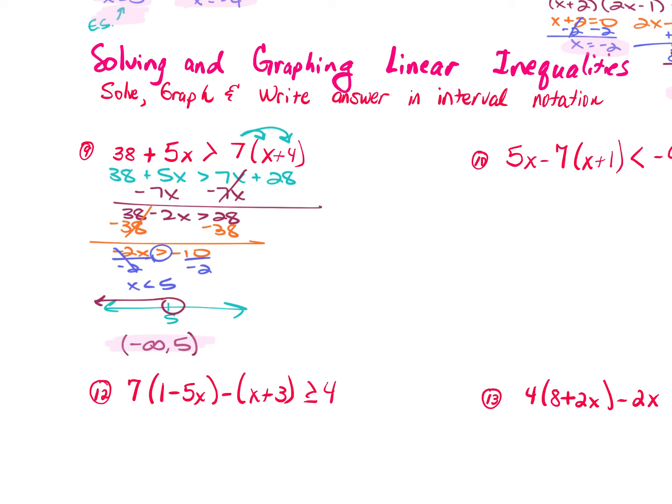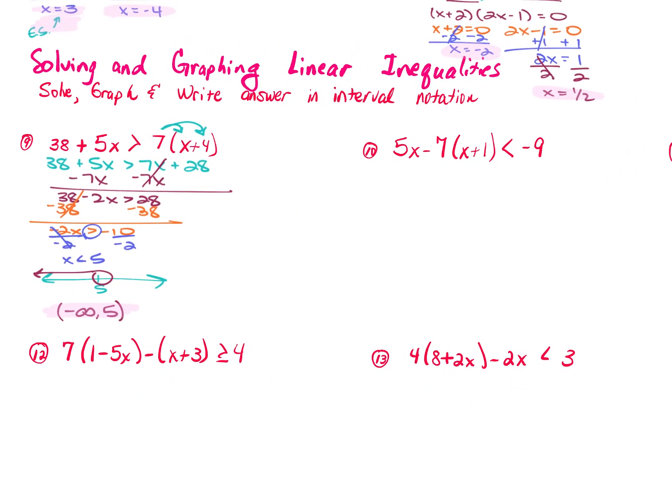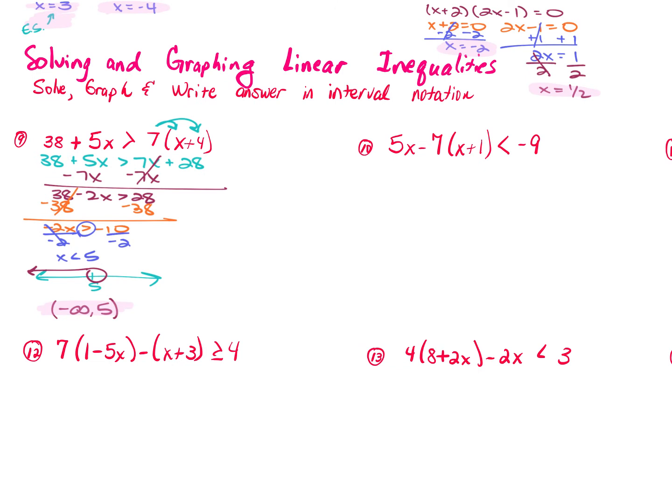Number 10 gives you 5x minus 7 times x plus 1 is less than negative 9. First thing you're going to do here is what? Distribute the negative 7. So that gives you 5x minus 7x minus 7 is less than negative 9. You have like terms on the left side, combine them.